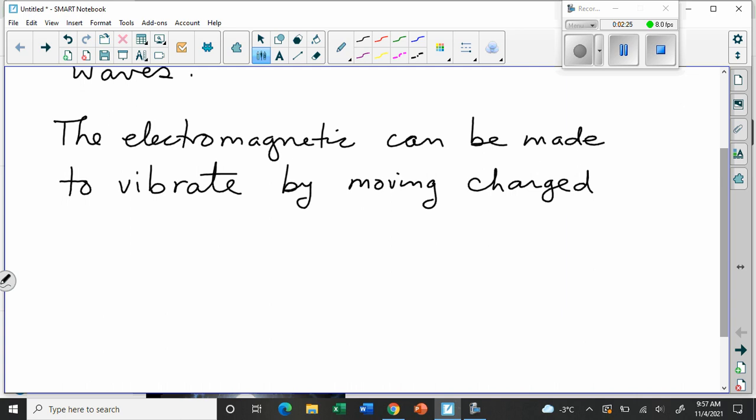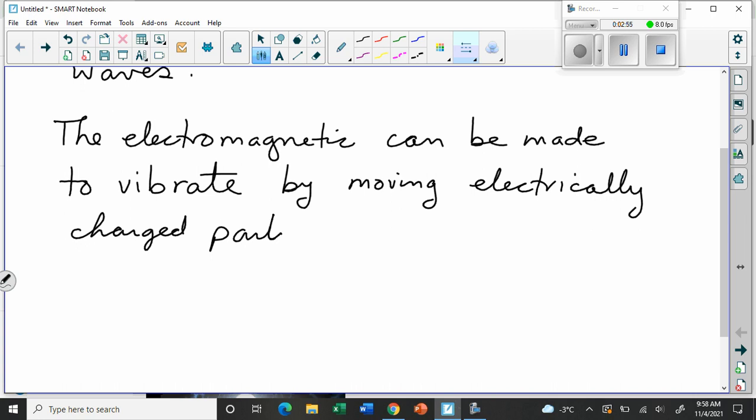And maybe I should put here another word, not for anything that's going to confuse you right now, but as you learn more about the world and you study science: by moving electrically charged. Let's put that down, because there's actually different kinds of charge for different things that you'll learn about much later in your educational journey. By moving electrically charged particles around.